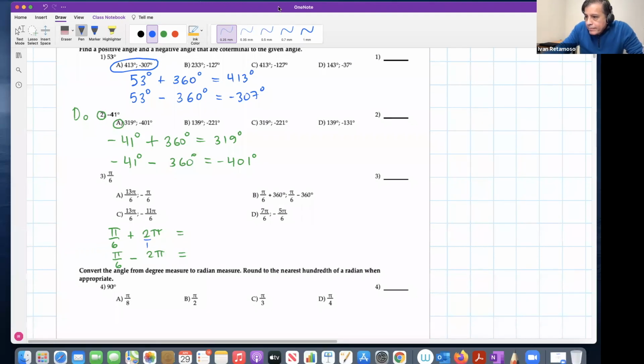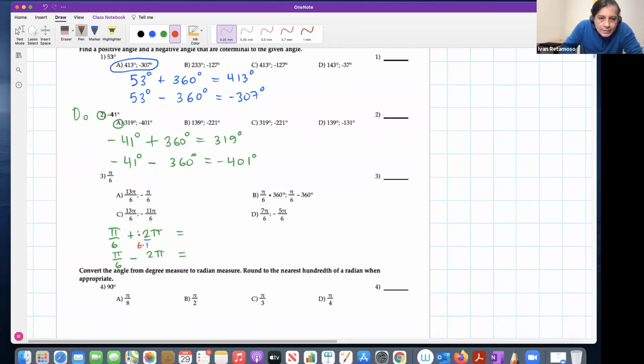Number 3. Mamadou, good, very good, excellent. Yeah, you got it. Basically, if I put 1 below 2, it's the same as 2. This allows me to multiply numerator and denominator by the LCD here, which is 6.